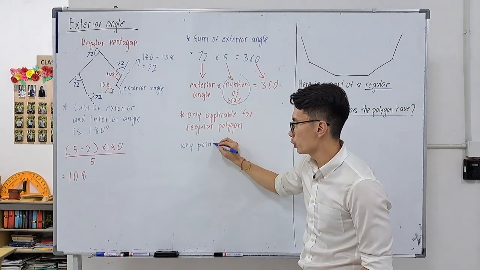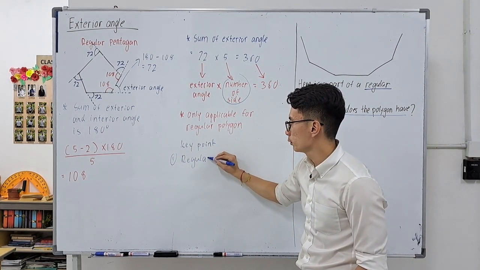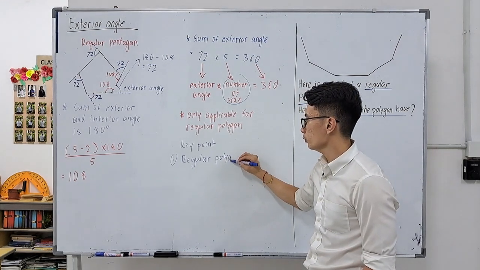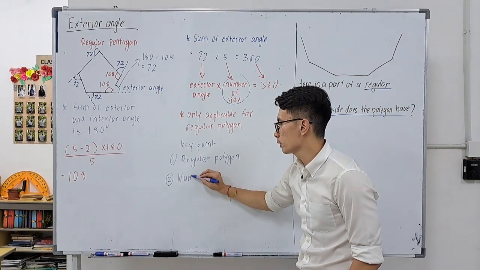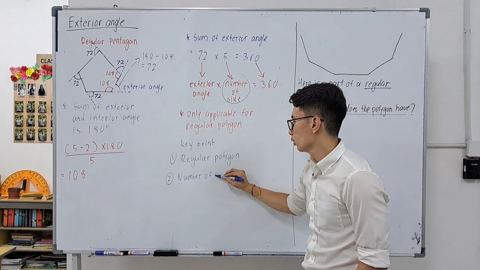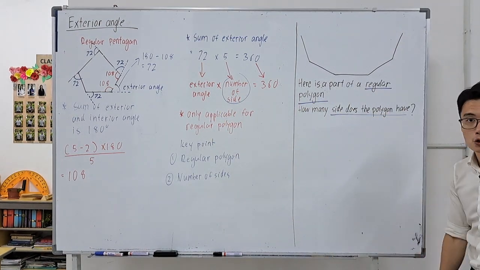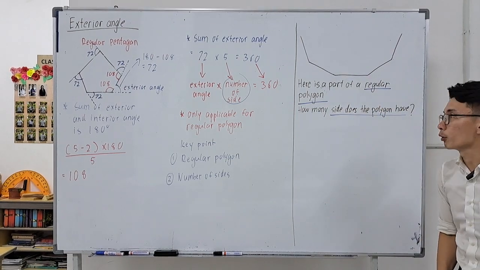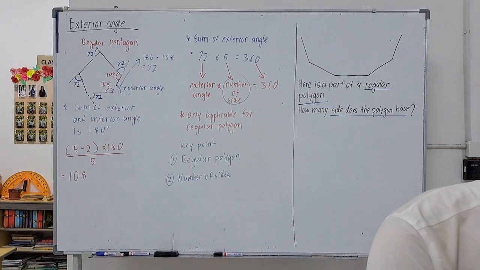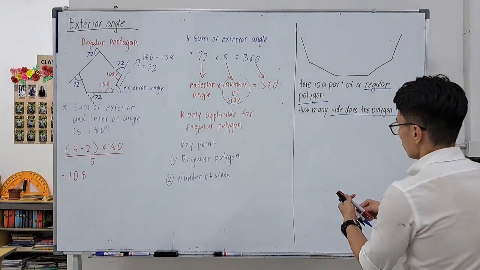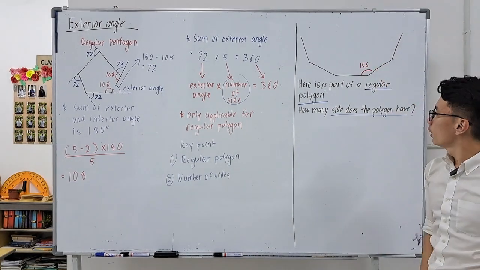When you see the question, number one, it's a regular polygon. And number two, they are asking for the number of sides. You can use this formula to your advantage. So let's see how we tackle this problem. Oh, I actually forgot to write something over here. The interior angle of this is given in the question to be 156, okay?